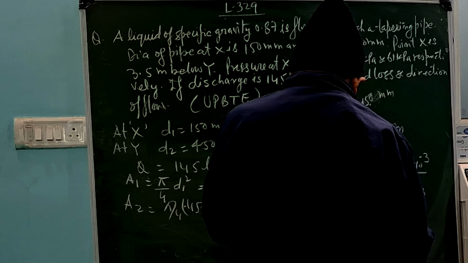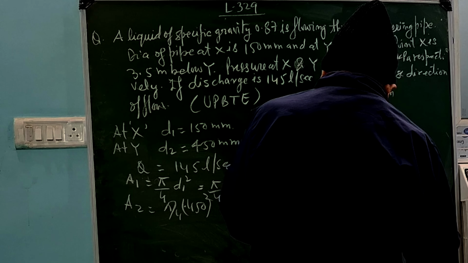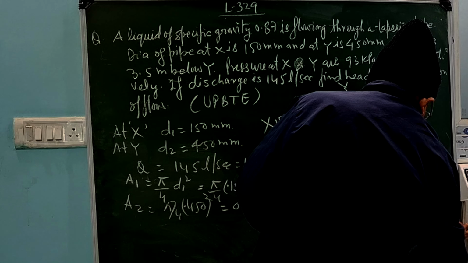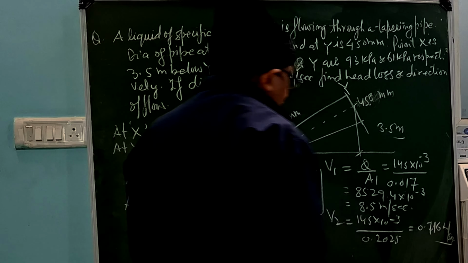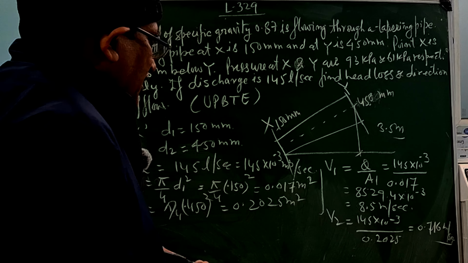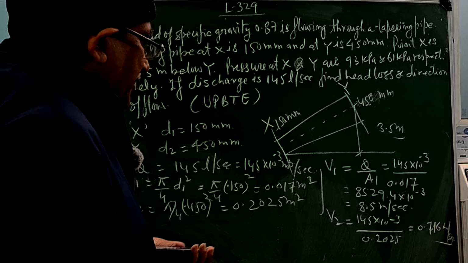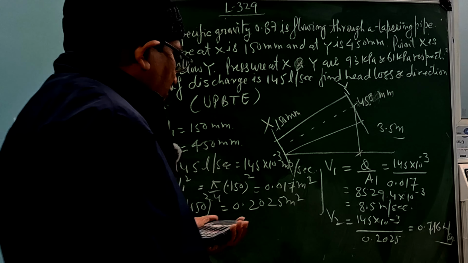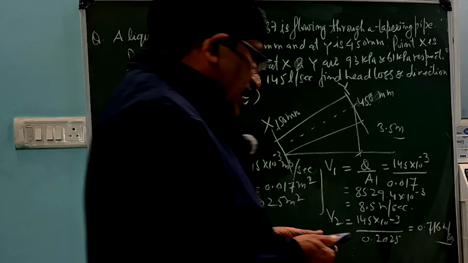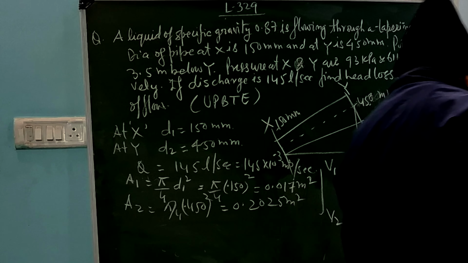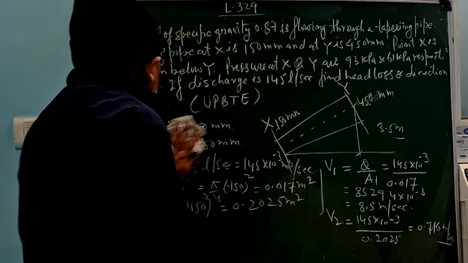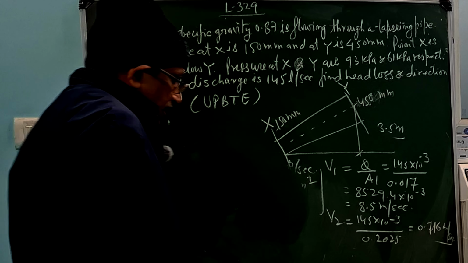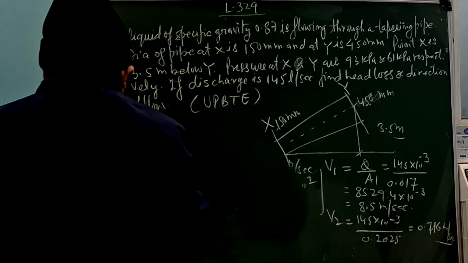This is coming 0.716 meter per second. These are the V1 and V2. You have already found out V1 and V2. And now let's apply the Bernoulli theorem at x.